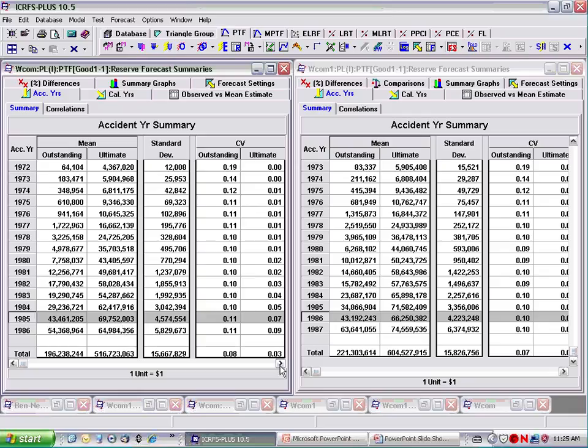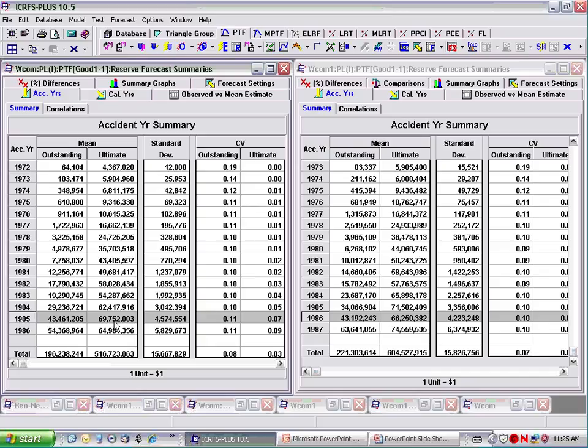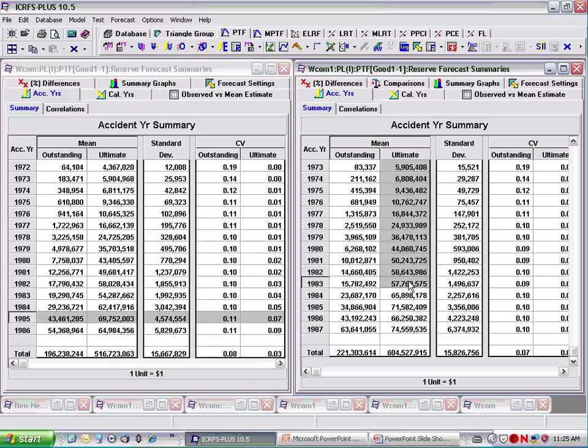But you look at the kind of variation you'd expect in the mean, the standard deviation, at 3.75. So the 66 is really not too far away from the 69. Okay? It's not too far away from that. And you notice, therefore, the estimate of ultimates remain relatively consistent based on the standard deviation.